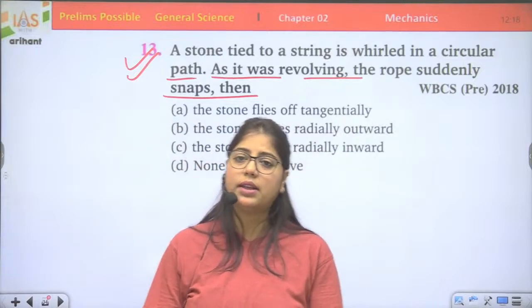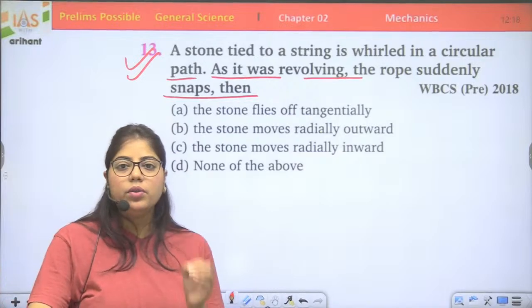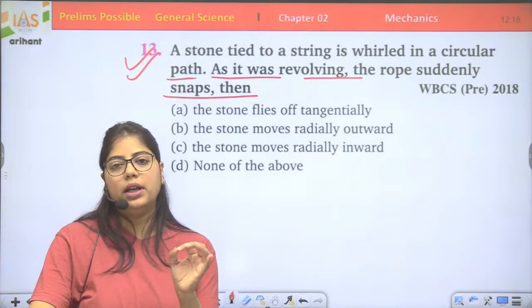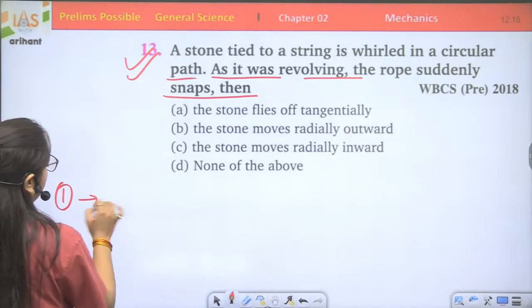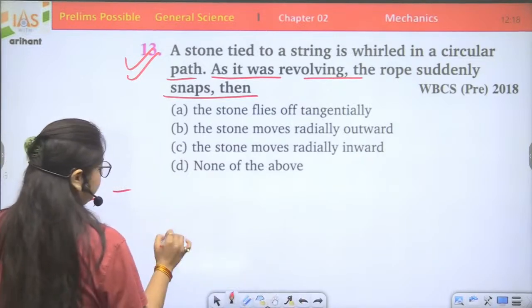So when we start the chapter, we must understand Newton's laws of motion. They give three laws of motion, and the first one is called the law of inertia.